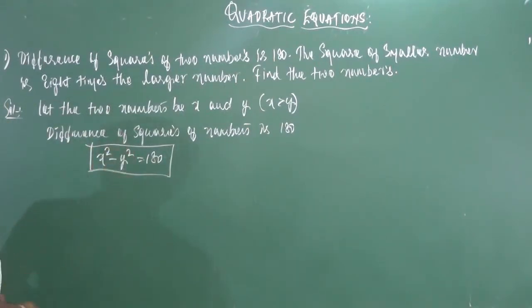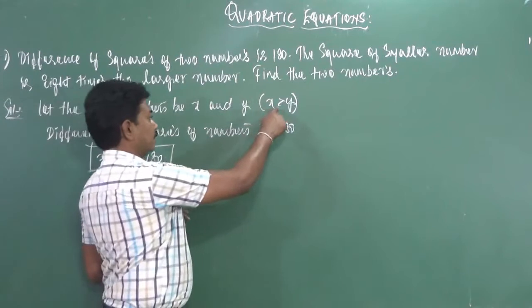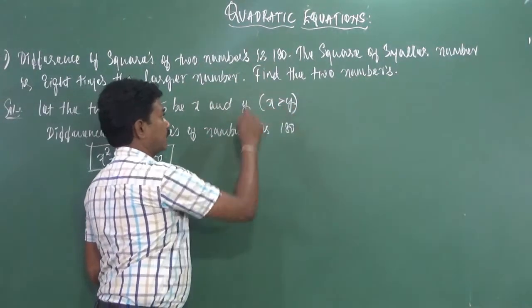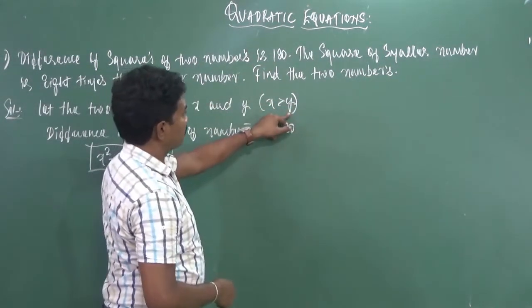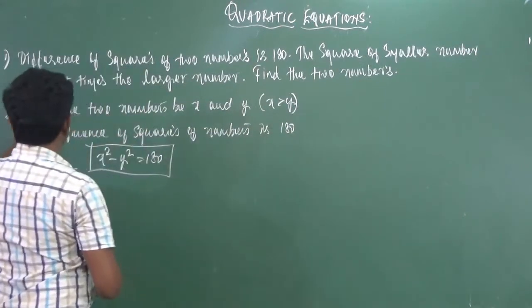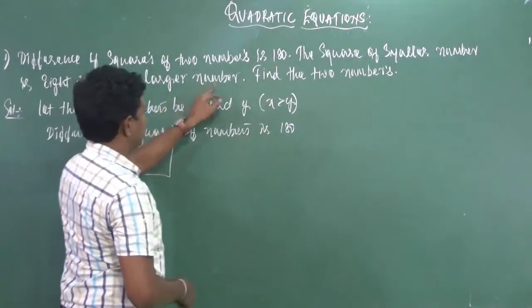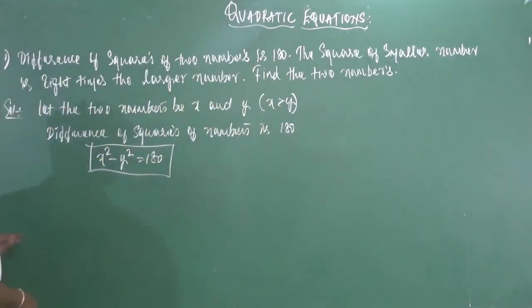Let us go further. The square of the smaller number. Which is the smaller number here? As x is greater than y, y is the smaller number. So the square of the smaller number is 8 times the larger number. Let us write this.